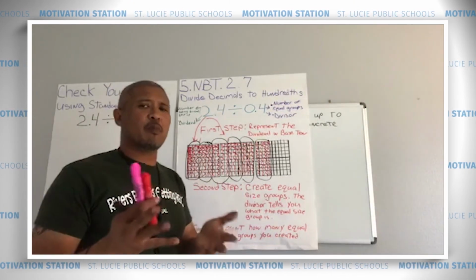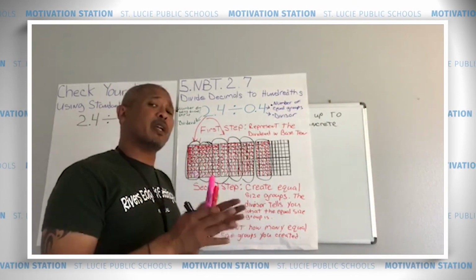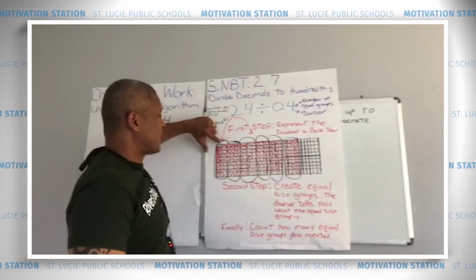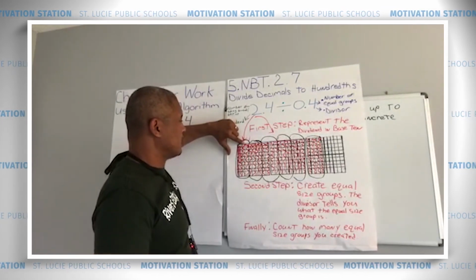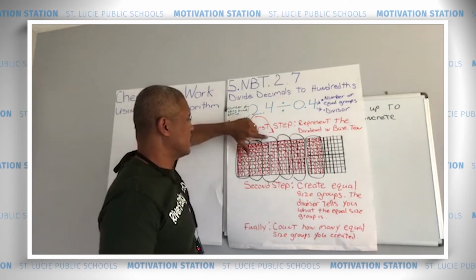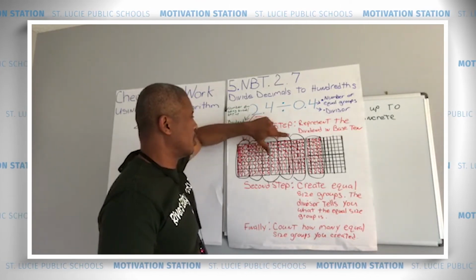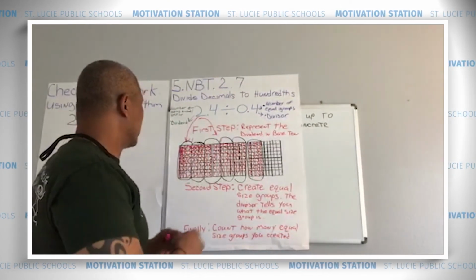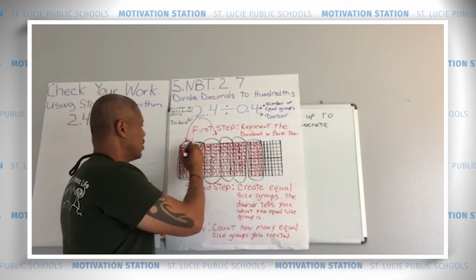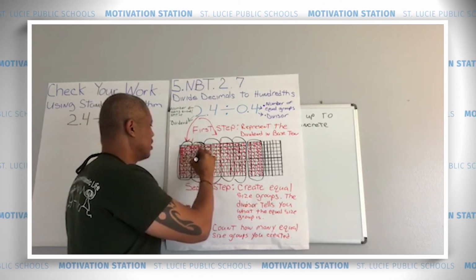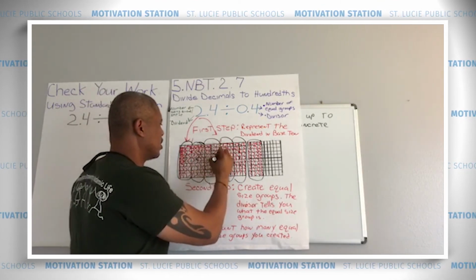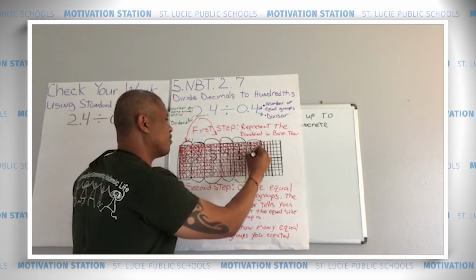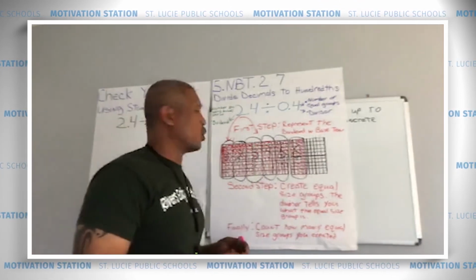Now all we have to do is count the number of equal groups that we made. So let's count. I created 1, 2, 3, 4, 5, 6 equal groups.